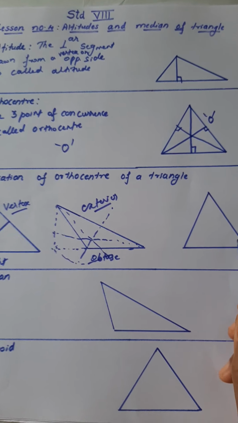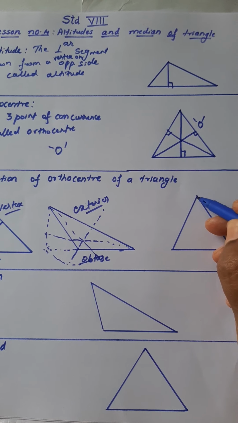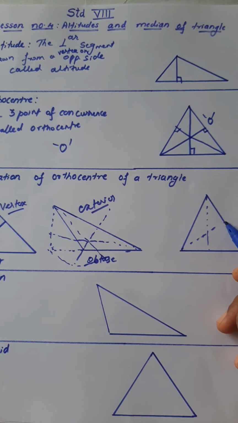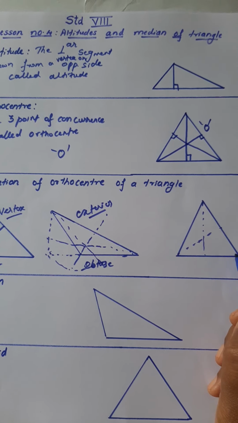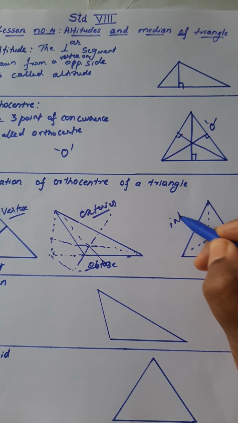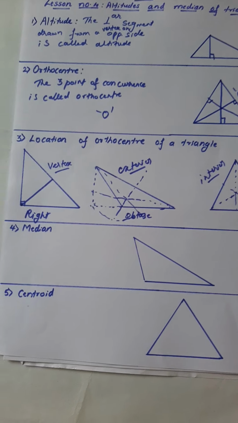Next, the acute angle triangle. For an acute angle triangle, when we draw an altitude or a perpendicular, then it will come at the interior of the triangle.